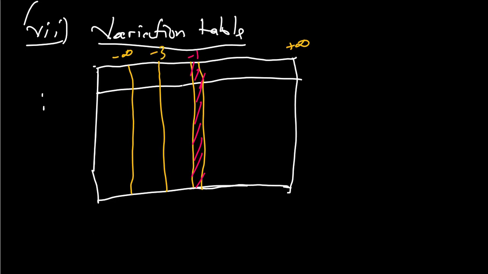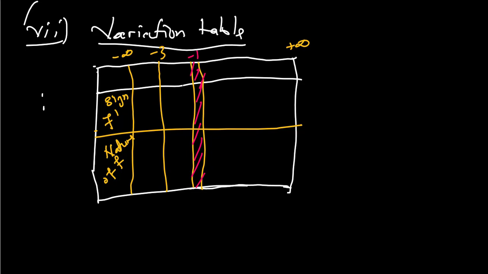So what we are going to do is study the sign of our derivative f prime of x. I will just call this the sign of f prime, and here we'll call this the nature of f. The nature means either you're increasing or you're decreasing.